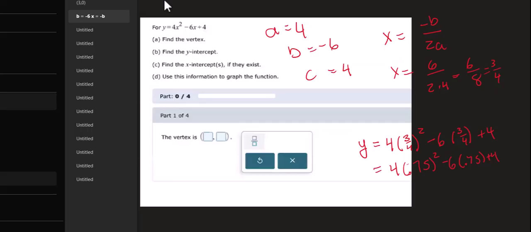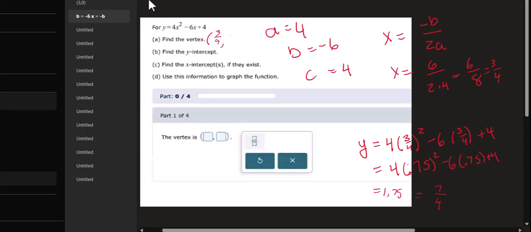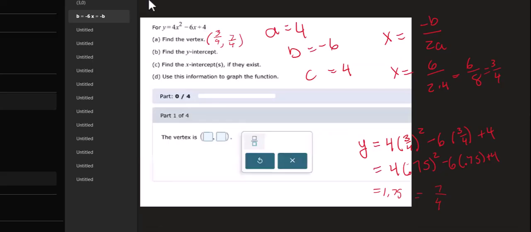And that gets me 1.75, which is the same as 7/4. And so the vertex is (3/4, 7/4).